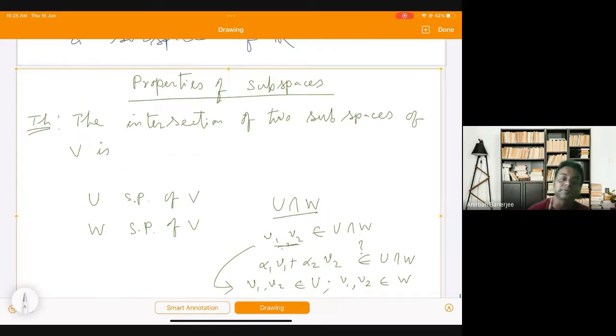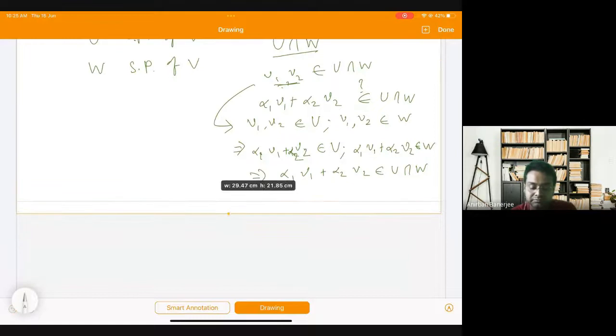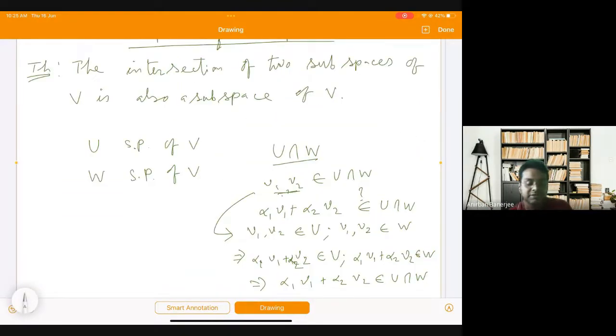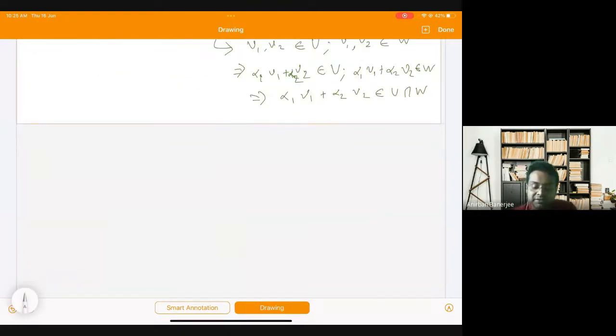Okay, so you can go through the proof a little bit in detail, but this is the main idea of the proof. It is also a subspace of V. Okay, a few comments on this.